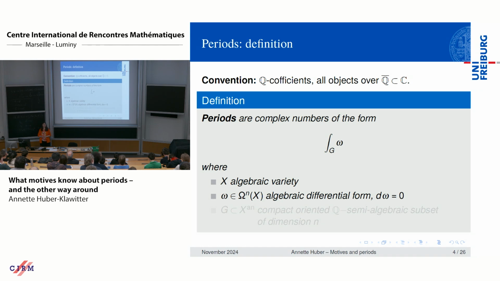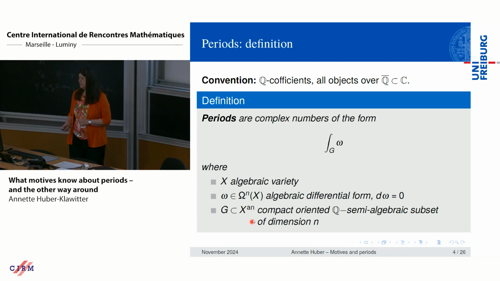Omega is a global algebraic differential form. Assume it's closed. And then G, the domain of integration, is a semi-algebraic set. So it sits inside the analytic space defined by the algebraic variety.